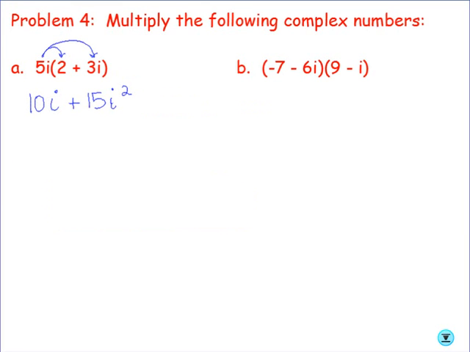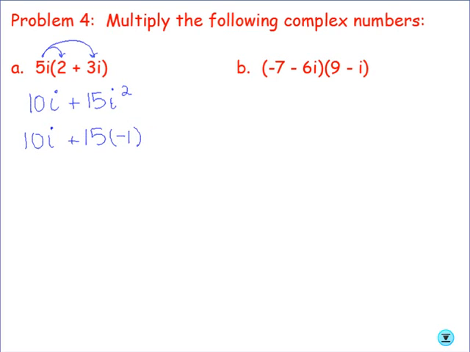So when we look at that, the part of the problem that is not allowed to be there is the i squared. 10i, perfectly fine. The 15 is perfectly fine. But instead of i squared we know it is negative 1, so I'm going to change that to multiplying by negative 1.